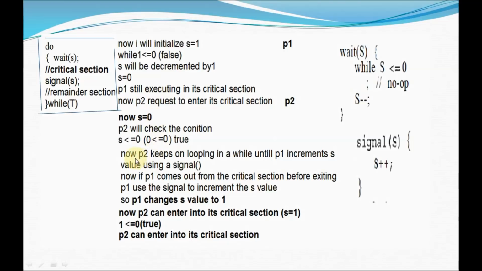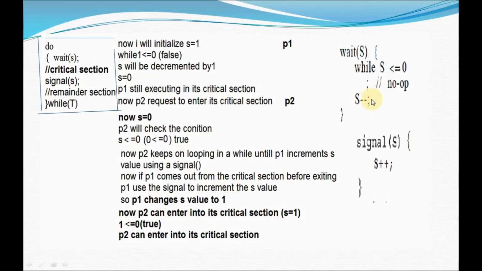Before exiting its critical section, P1 uses the signal to increment the S value, so P1 changes the S value to 1, and P2 is still looping in the while, right? When P1 changes the S value to 1, P2 can enter into its critical section.